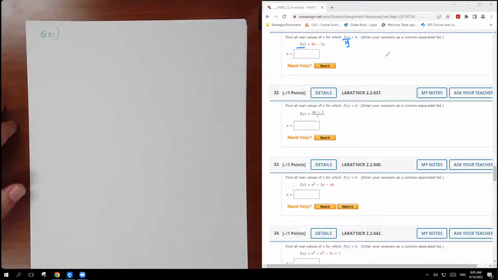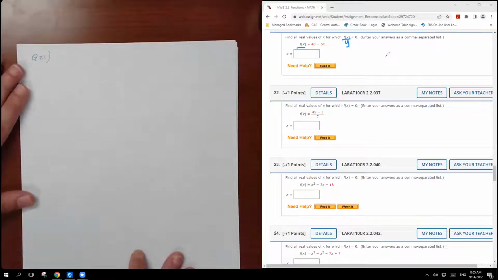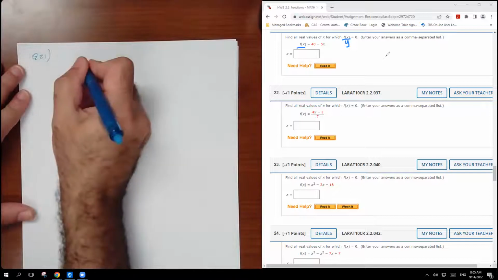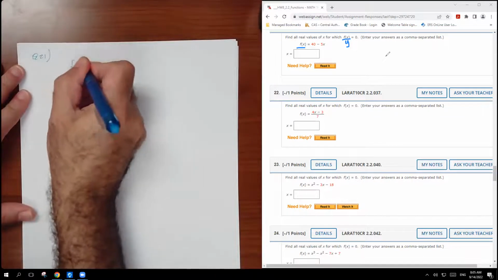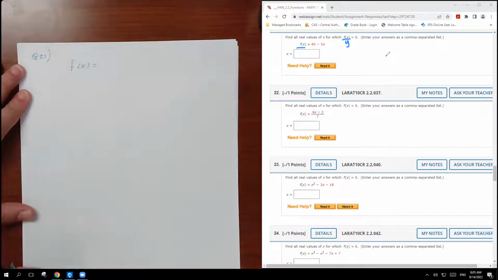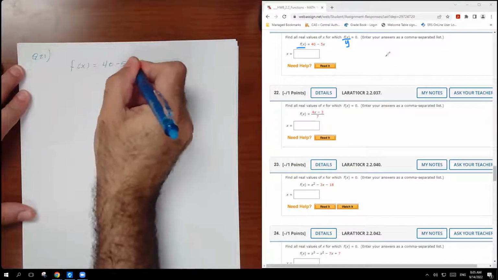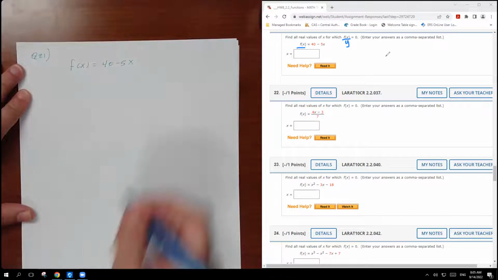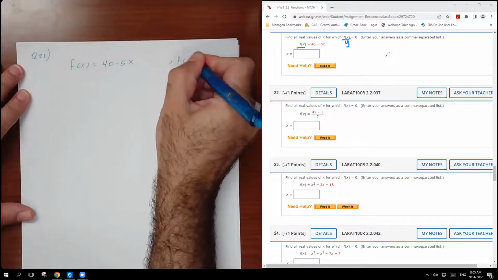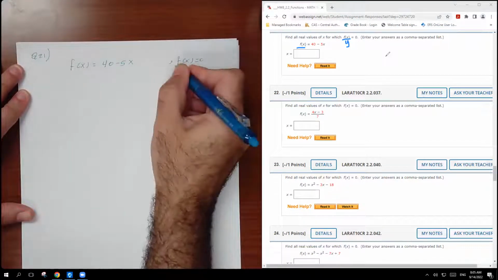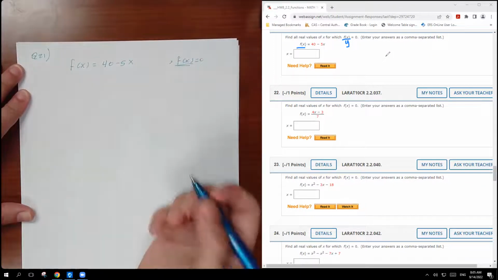So how are we going to solve this one? So they're telling you f of x equal 0. And here is the function. The function is f of x equal 40 minus 5x. So I already know they're telling me f of x equals 0. That means this value equals 0, which is the y value.